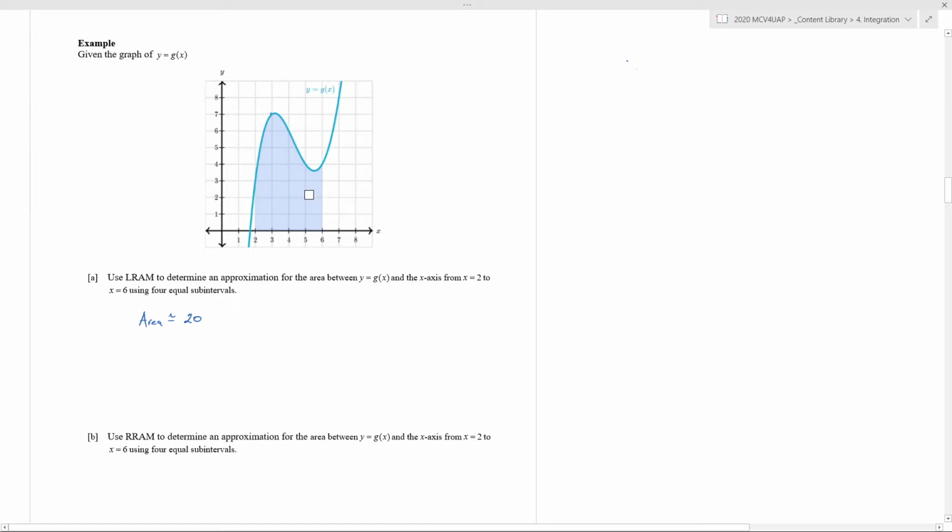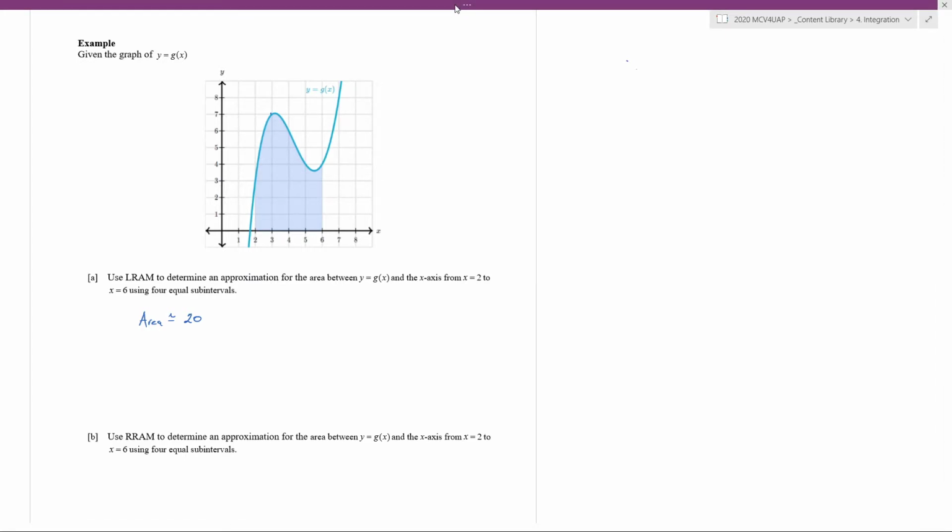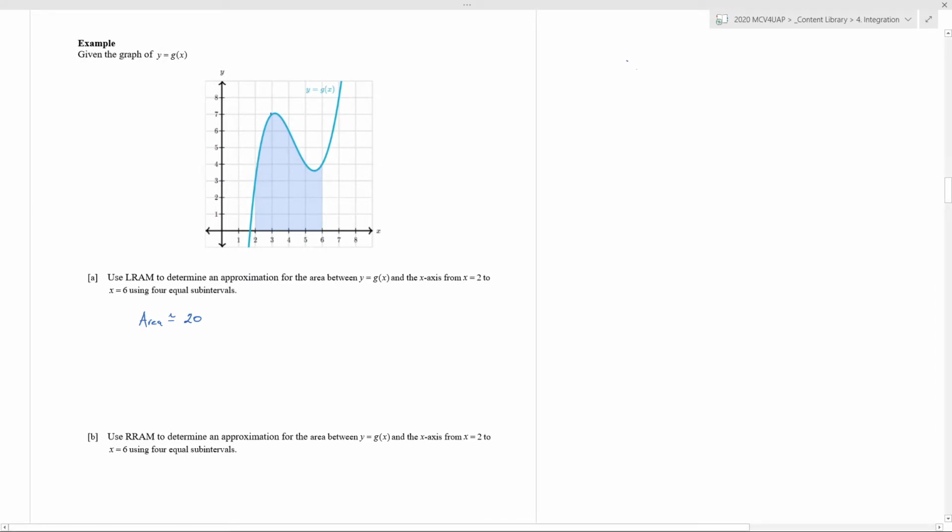Now I need to use RRAM to approximate the area from 2 to 6. So again, I get these strips here that I'm going to turn into rectangles. Now the first rectangle's height is going to be dictated by the top right-hand corner.